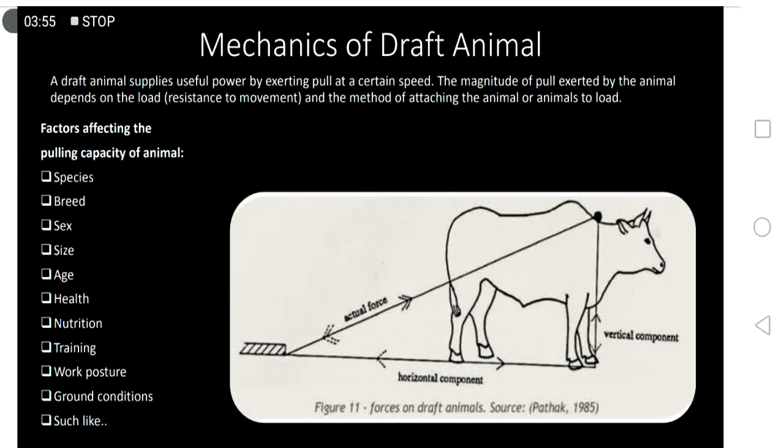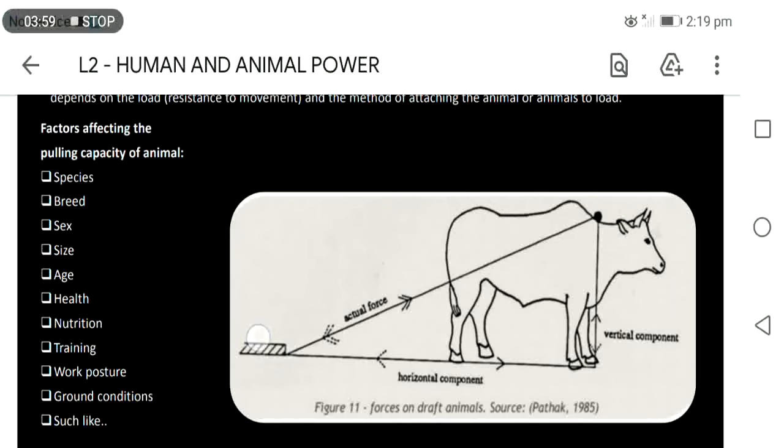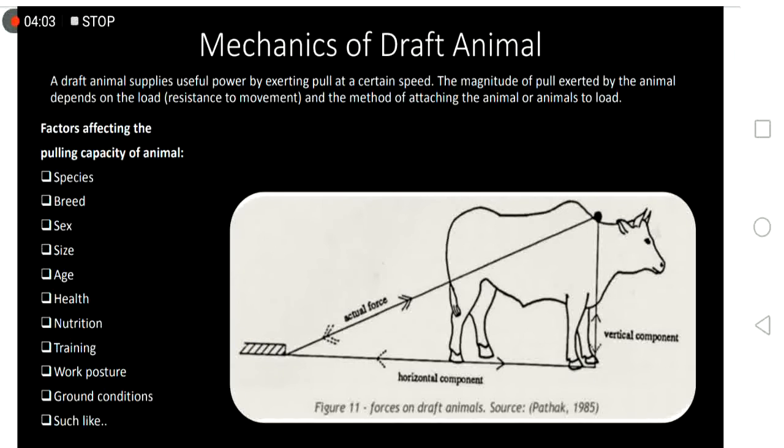As you can see in the picture, this is the load, the back steer, which is the resistance to movement. So the draft animal should surpass the resistance load in order for the implement to move and perform the tilling action.